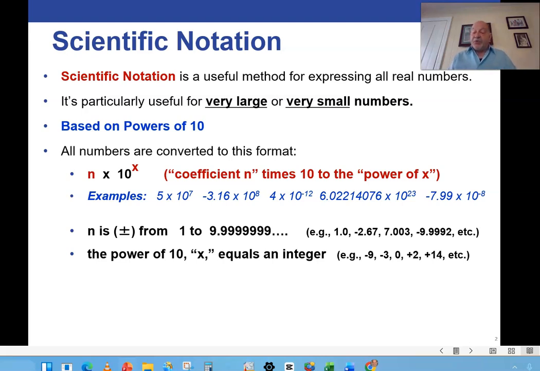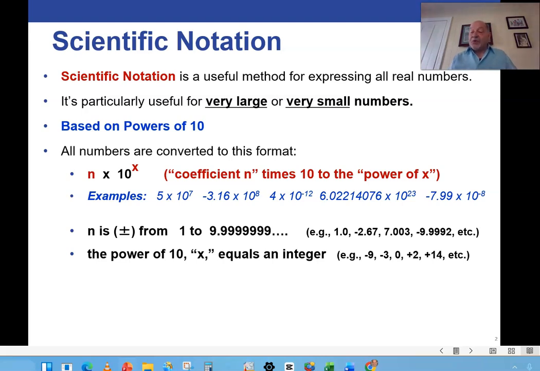6.02214076 times 10 to the 23. If you've ever taken chemistry, you might be familiar with this number. It's called Avogadro's number. It is also known as a mole. It's just a giant number that's very convenient to use in chemistry problems. And then the last one, negative 7.99 times 10 to the minus 8.